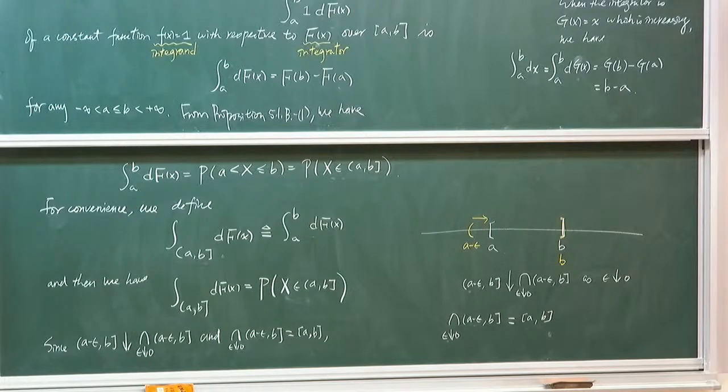Okay, so if we take the epsilon going down to 0, this half open, half closed interval becomes AB. Okay. So this Riemann-Stieltjes integral over the closed interval can be defined to be the limit here.